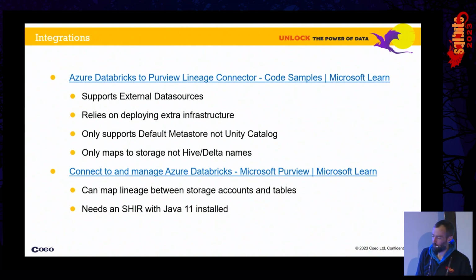Now, going through all of this, I started using the REST APIs. Does anybody here actually like using a REST API? I think not. So, there are a couple of amazing Python libraries. There's PyApache Atlas.